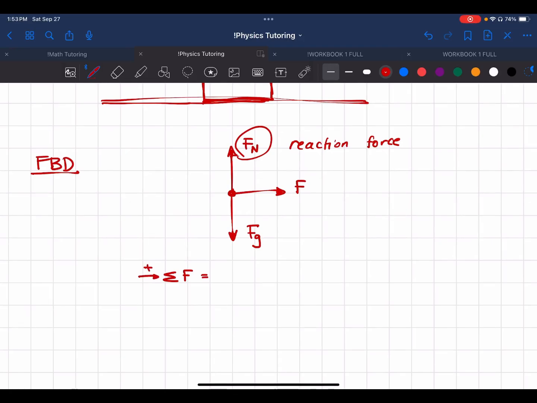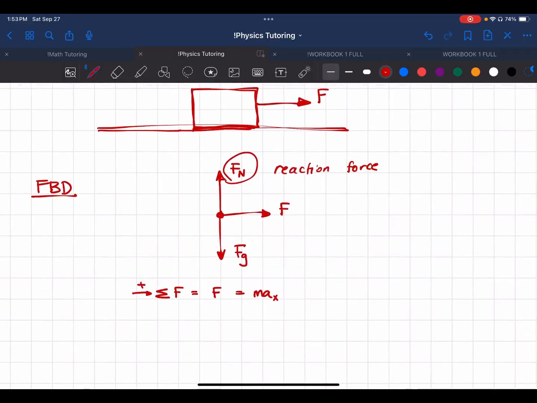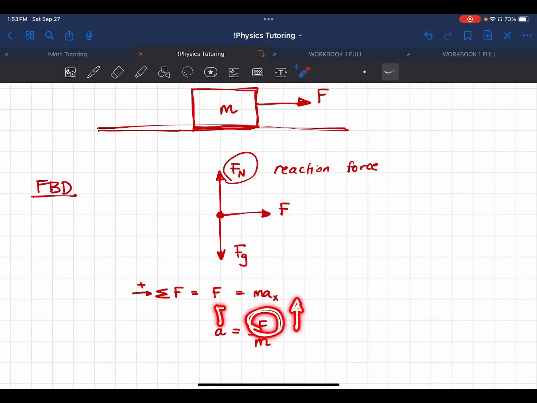The only thing in the x direction is F equals m a. So if I know the mass of this thing, my acceleration is just the ratio of force over the mass, right? Obviously, the heavier the mass, the less acceleration I have. Or the other way, if F is bigger, a gets bigger. If the mass is bigger, a goes smaller, right? The inverse relationship.